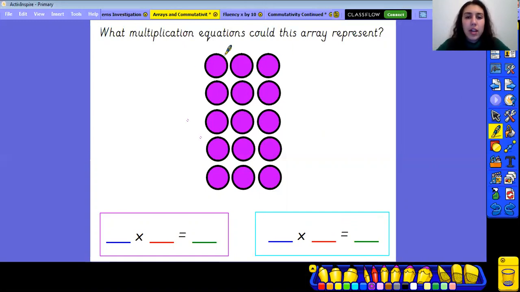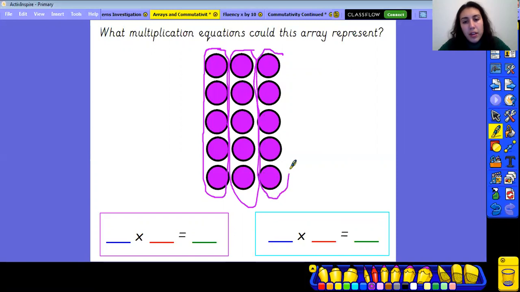So let's have a look. I'm going to group them going down first. So I've got 3, 4, 5 counters here. So I'm going to group those together. And now I've got 2 groups of 5. And now I've got 3 groups of 5. There we go.